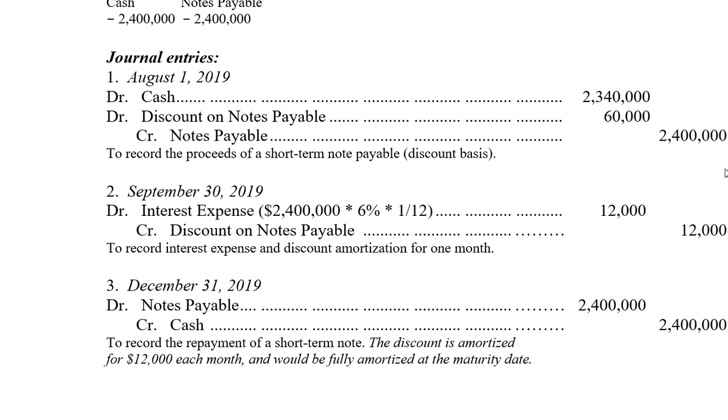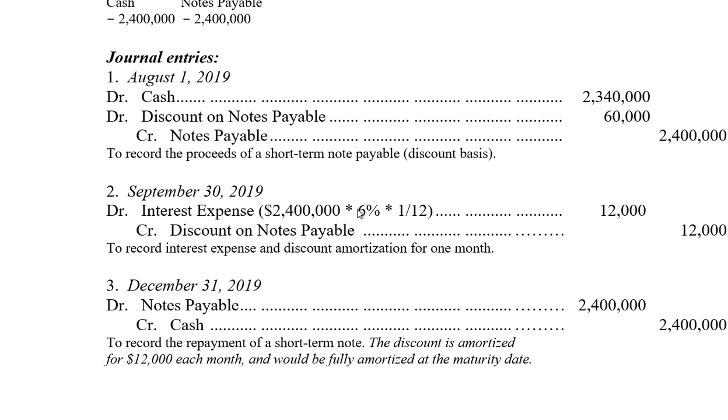So anyway, on September 30, which is like 1 month later, or is it maybe 2 months later, excuse me, they ask us to do a journal entry for 1 month, right, to record the interest on this particular note. So if you take the face amount of the note times the stated rate, guys, in other words, understand that on the face of the note, there was a stated rate of interest, 6%.